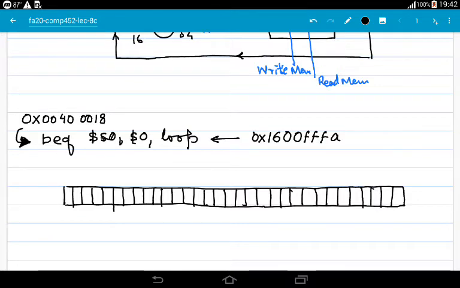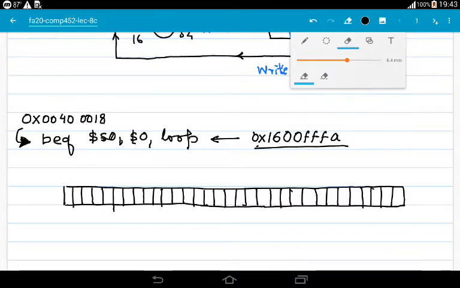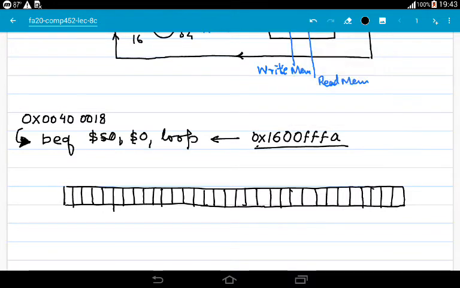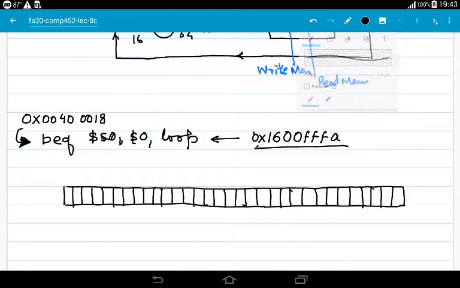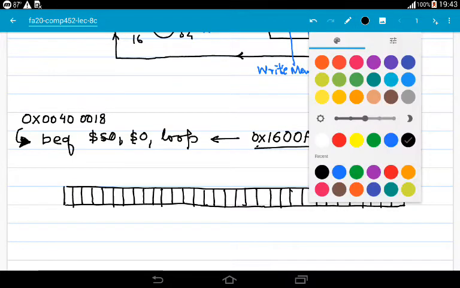Okay, now the instruction code is this 1600FFFA. Now what I'm going to do is write the bits in a different color. Let's choose this green color.